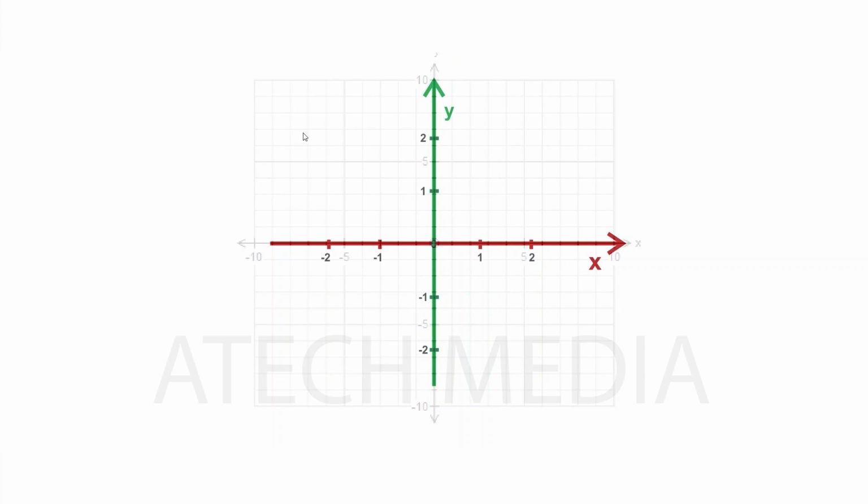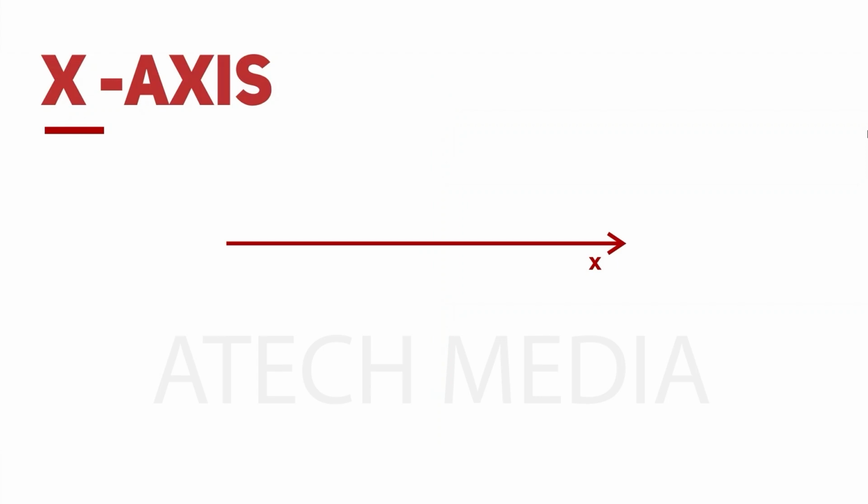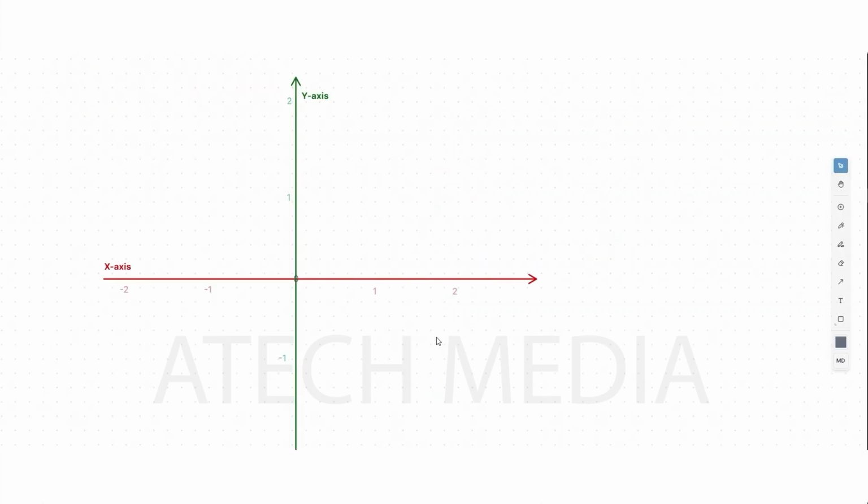Why is it called a 2D graph? Because it has 2 directions. What are the 2 directions? The Y direction or Y axis that goes up and down, and the X direction or X axis going left and right. This is a 2D graph, and these are the directions that an object can move into the space.